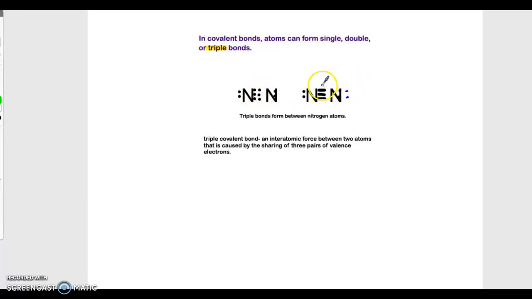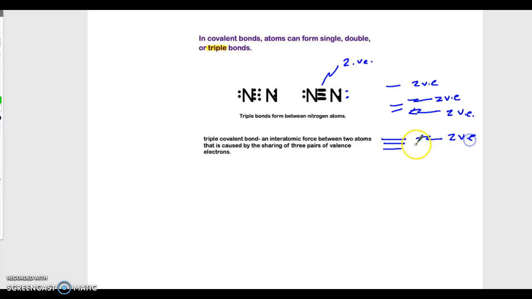Each of these lines represents a bond, and each of those lines contains 2 valence electrons. Regardless, if I have a single bond, 2 valence electrons. If I have a double bond, there are 2 valence electrons in each line, 4 altogether. You can tell it's getting late because my handwriting is getting almost illegible. And then finally, for a triple bond, each line has 2 valence electrons, for a total of 6.